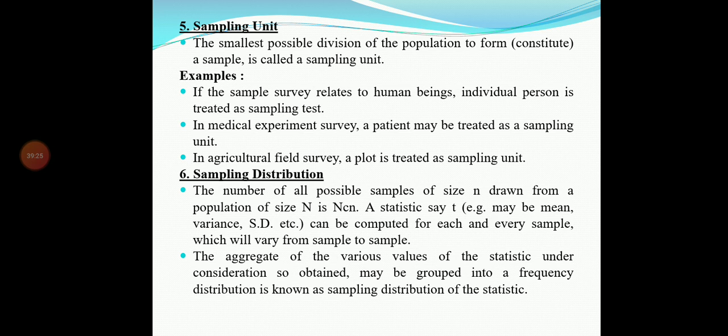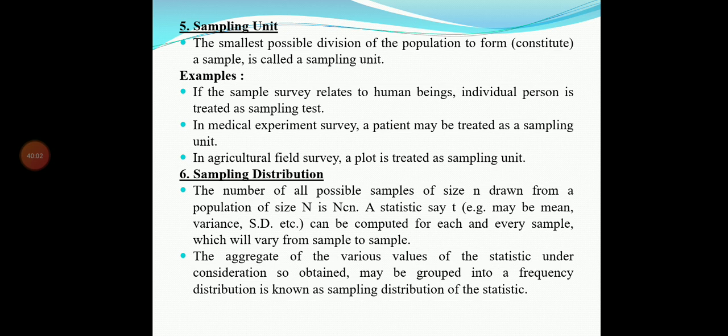If the population consists of, for example, 100 units, each and every unit is a sampling unit. You have to remember it in that fashion, because we always consider the smallest possible division only. After sampling units are decided, the population is going to be formed.